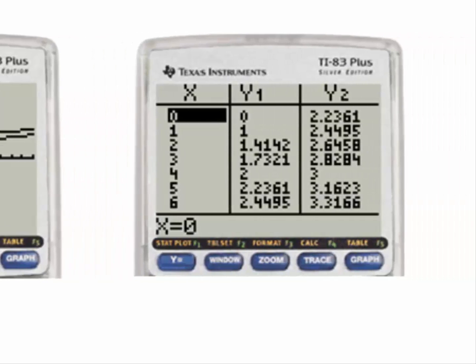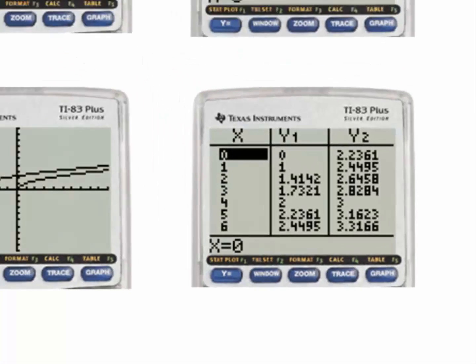And if we look at the table of values, we can see that when x is 5, the square root of x is 2.23. But for y2, x is 0. So the value for y and y1 when x is 5 is the same value in y2 when x is 0, 5 units to the left.